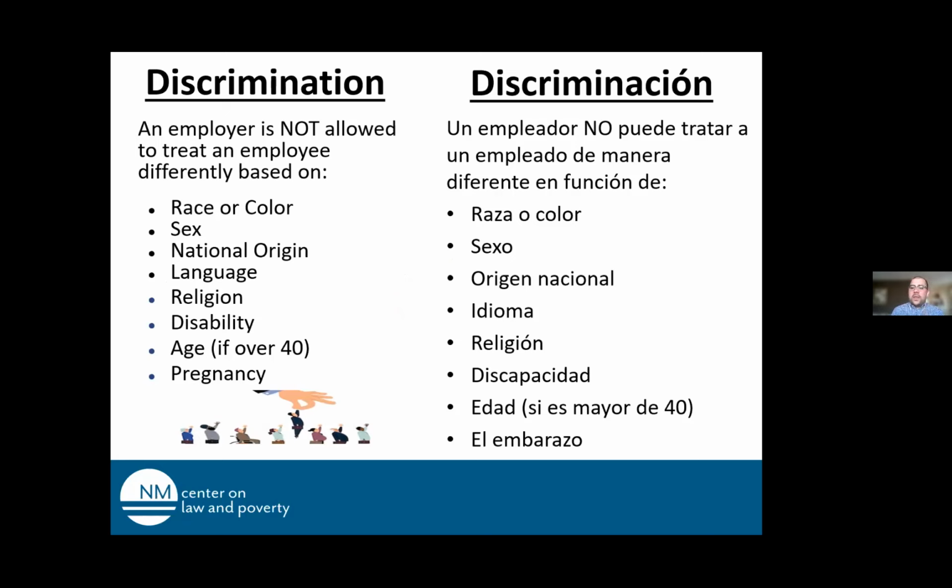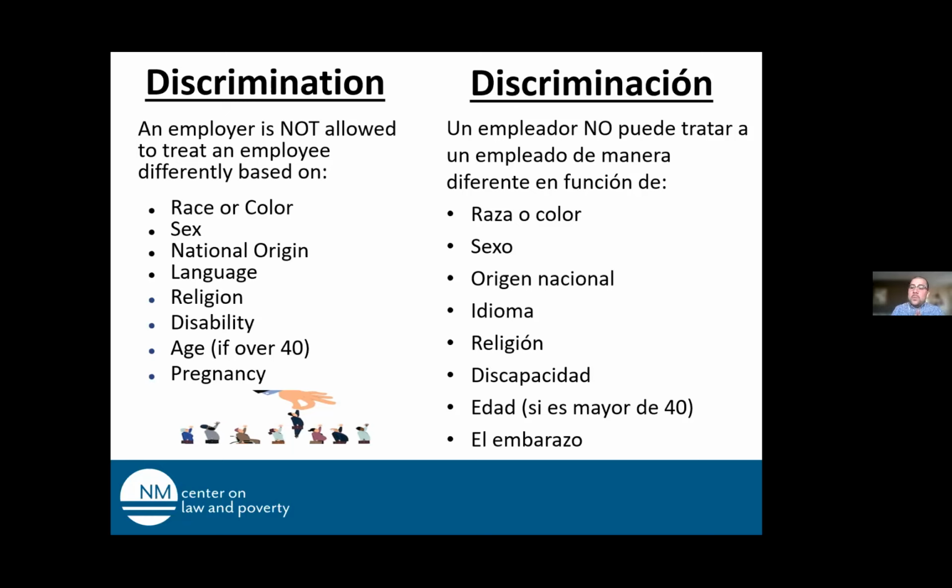Okay, so an employer cannot treat someone differently based on these characteristics. If someone, let's say, is from Mexico, an employer cannot say, I do not hire people from Mexico, because that would be discriminating against that individual based on their national origin. Or they cannot say, I'm going to pay people from Mexico differently, because that, again, would constitute discrimination through national origin.